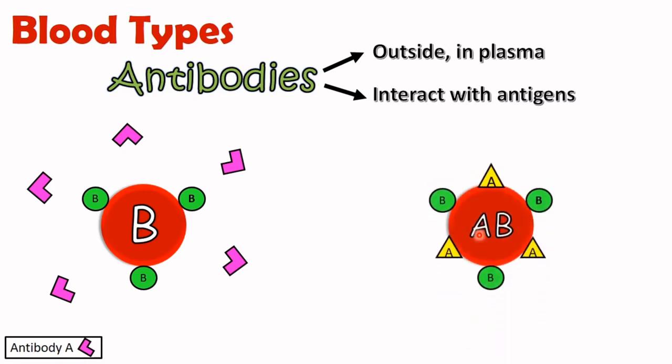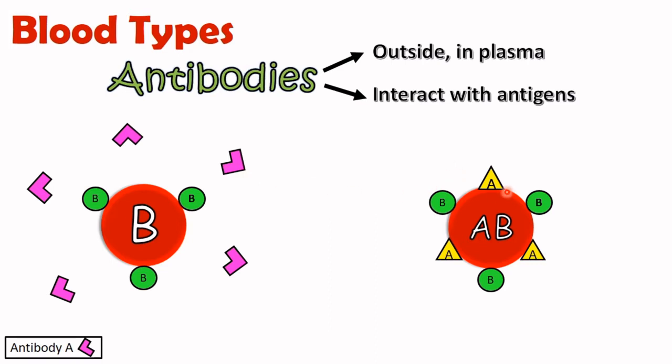But if a person comes with both antigens, the A antigen and also the B antigen, it will cause a reaction, in which antibody A interacts and triggers the immune response towards the antigen A. This is because antibody A doesn't like the antigen A, right?